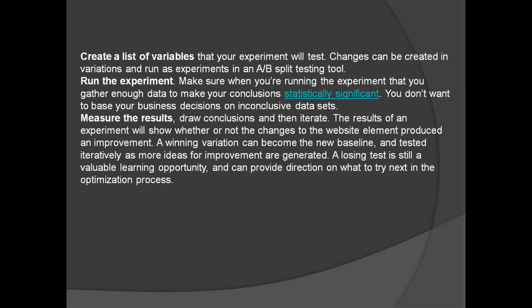Last, measure the results. To draw the conclusion and then iterate, interpretation is a very compulsory part. The result of an experiment will show whether or not the changes to the website produce an improvement.